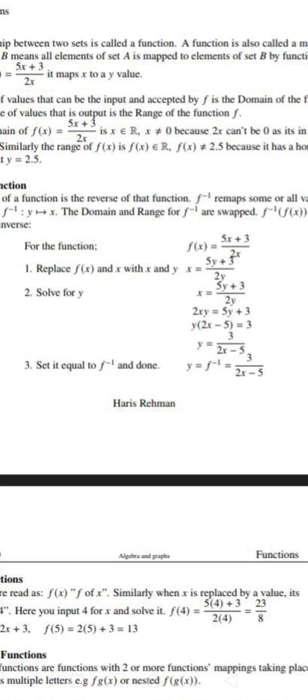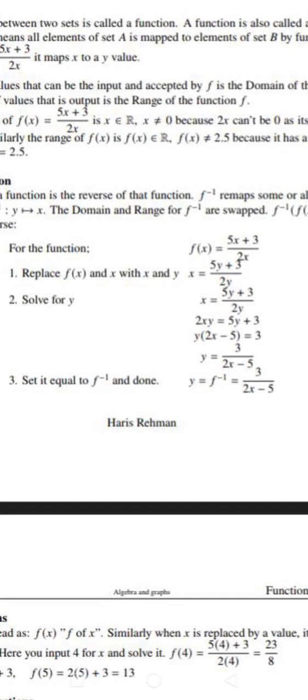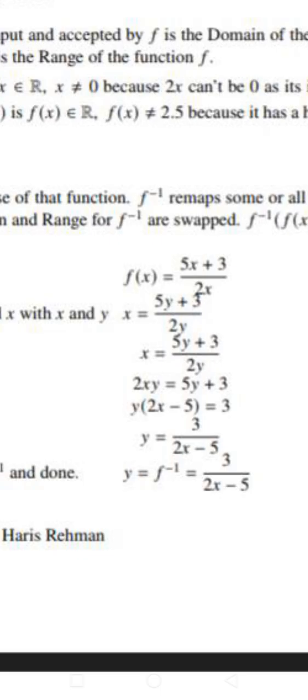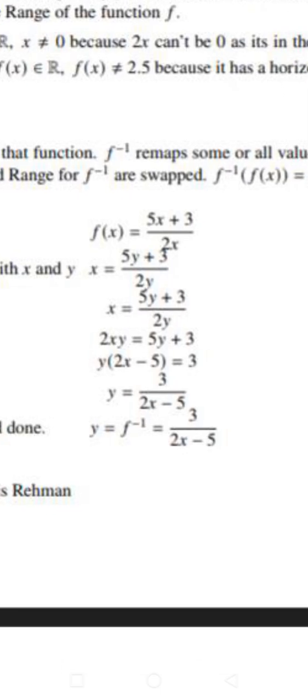Here I have explained how you find the inverse if you are given the function originally. The first step is you replace x with y's, and you replace the f of x with x. The places I have put y, those are the x originally, and the place I have put x, that is f of x originally.